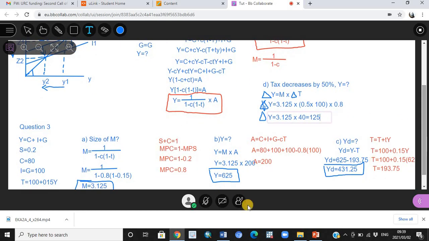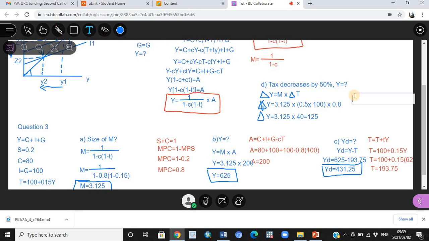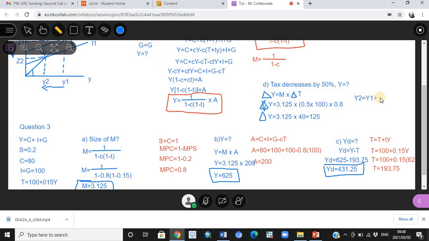So what we are going to do is say the new y2 is going to be equal to y1 plus the variation of y.